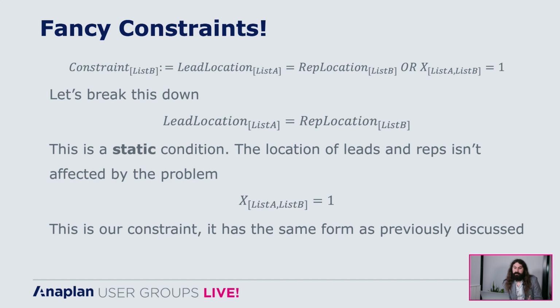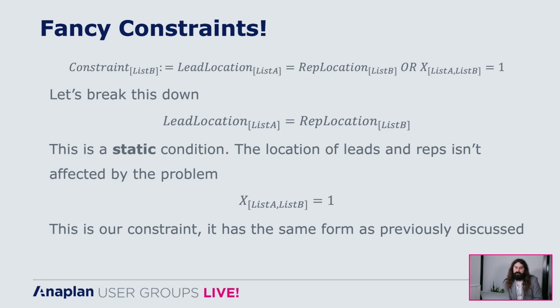List A and list B would be leads and reps in this example, and we can test them for equality. And this condition is not dependent on X. So there's no X term featured in here, and there can't be an X term featured anywhere up the formula hierarchy of those line items. So this condition is static. It's fully determinable when you run the problem and not needing to be determined during the problem execution.